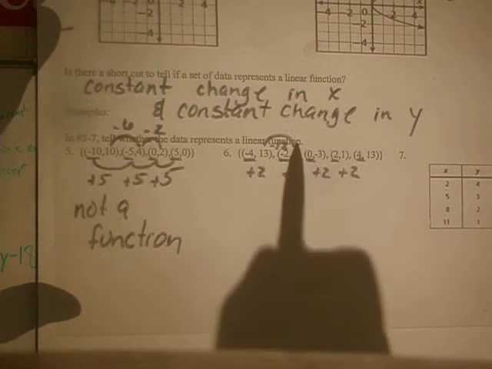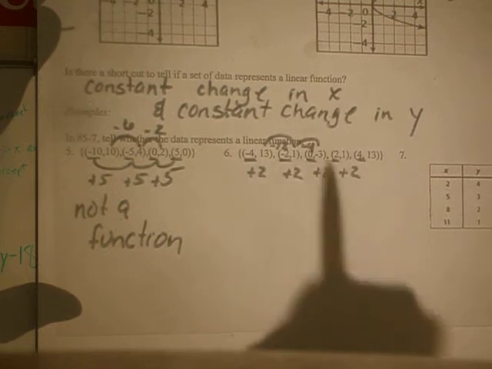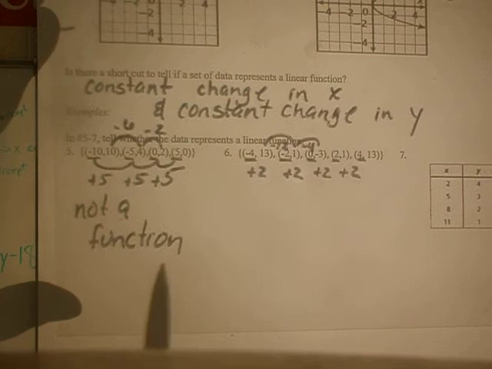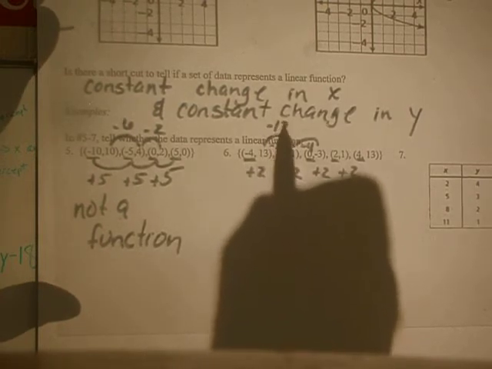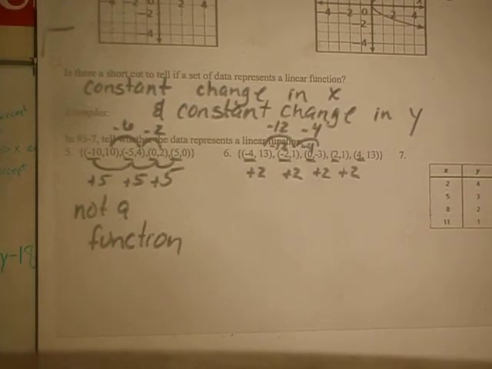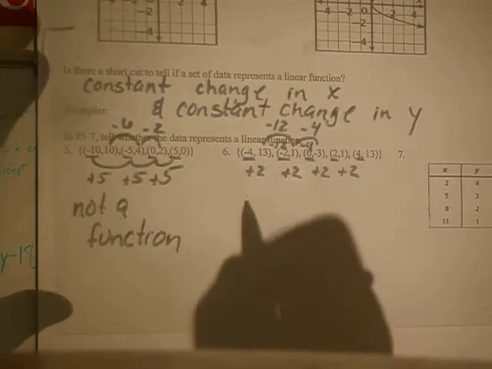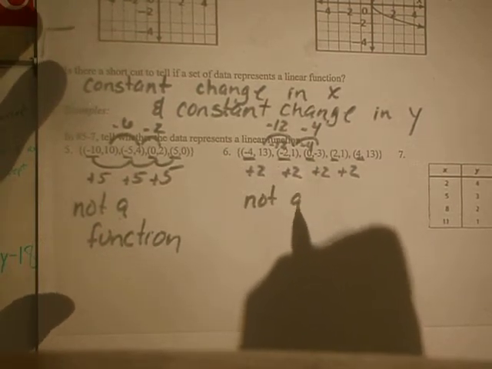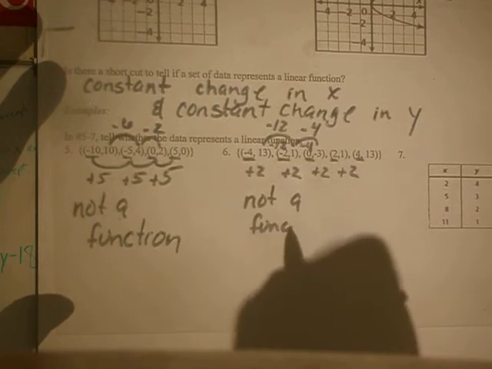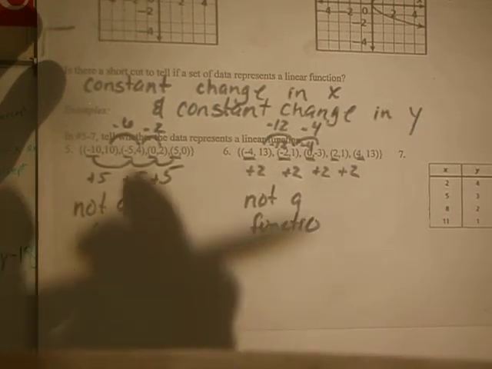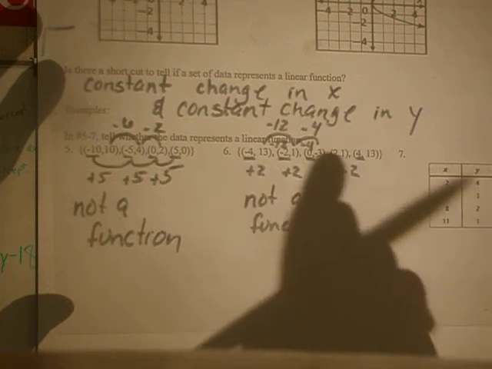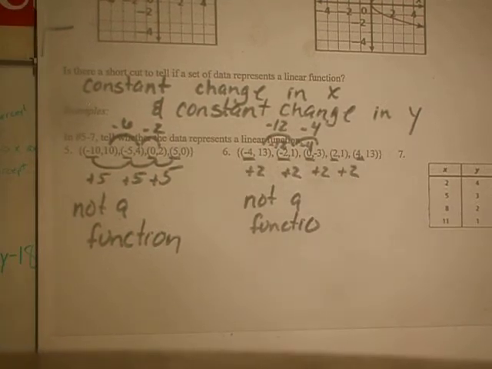From 1 to -3, you subtract 4. Kind of hard to see here. You have a change of 12. You have a change of 4. That's not the same each time. So this is not a function. Your x's change by the same amount, your y's change by different amounts.